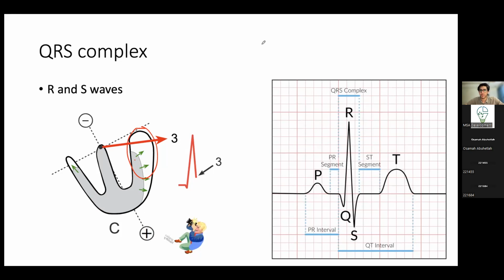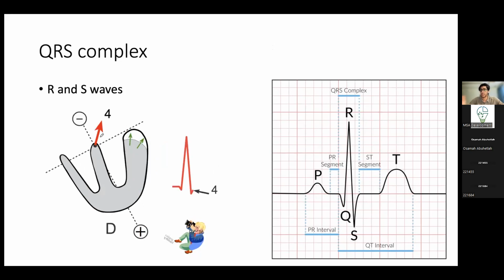And when things start to spread upwards, guess where the deflection is going to go? It's going to go down, right? If you go a little bit further, the summated vector completely changes direction. And so we have something called the S wave. It's a negative deflection, all right? Is this clear so far?